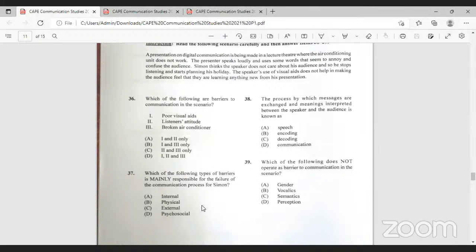I would say 37 is B. 38, the process by which messages are exchanged and meanings interpreted between the speaker and the audience is known as what? Speech, encoding, decoding, or communication. Straightforward, right? But everybody's supposed to say.